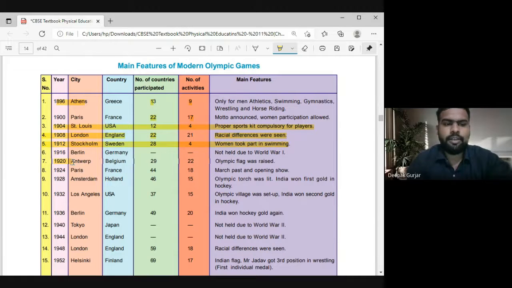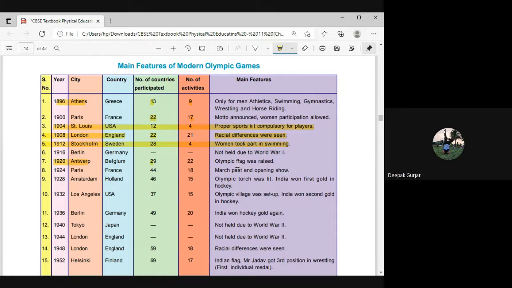If we talk about 1920, Antwerp, Belgium, 29 countries participated and 22 activities were there, and at that time the Olympic flag was raised. This Olympic flag was designed by Baron Pierre de Coubertin and was first flown in Antwerp, Belgium, in the year 1920.